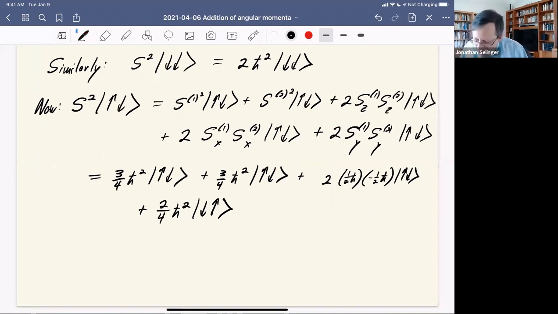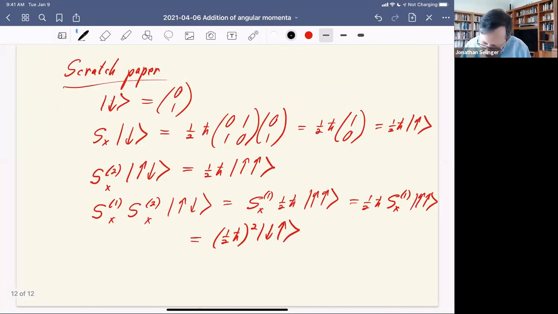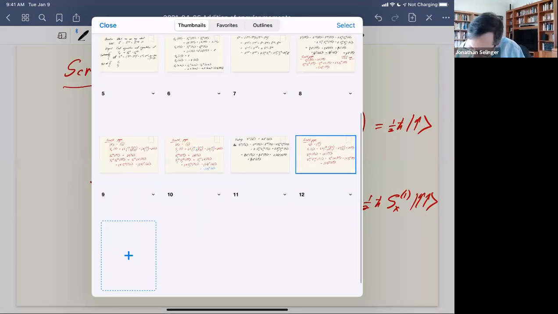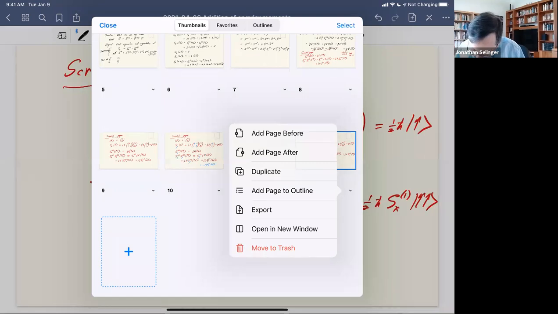Now, we're getting there. What else do we have? We have the same thing with the y's. I'll copy my little scratch paper again. Duplicate.